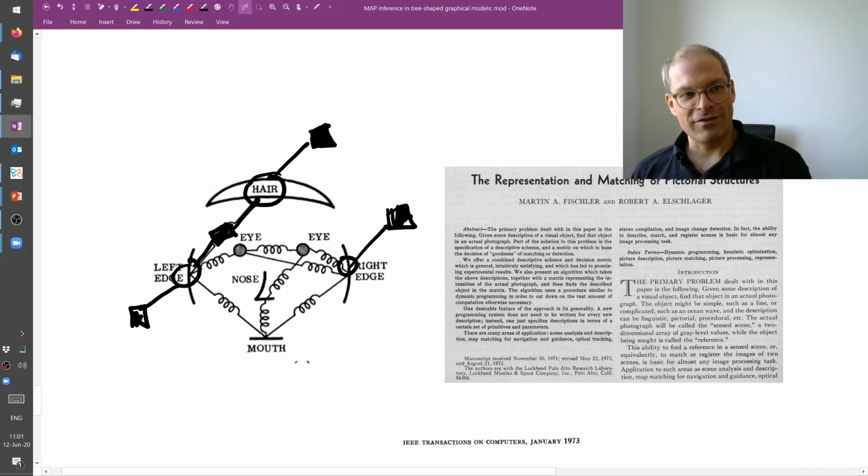And they understood this. So in 1973, they wrote in this paper that if our graph was a chain, then dynamic programming would be exact. They didn't know about dynamic programming on trees at the time. This was only found, I think, by Pearl in 1988. But they understood that if the graph was a chain, their inference would be exact.